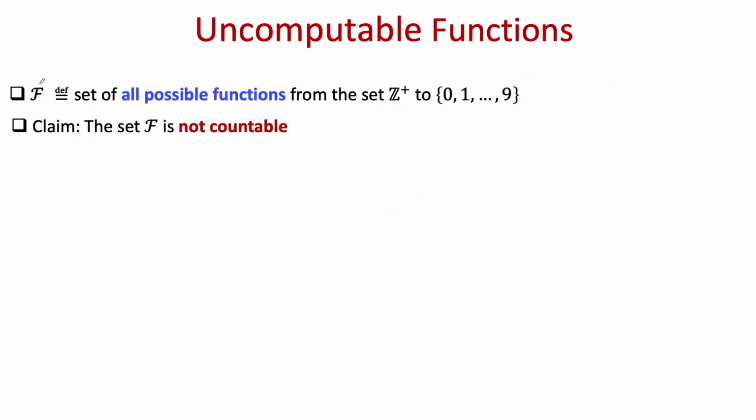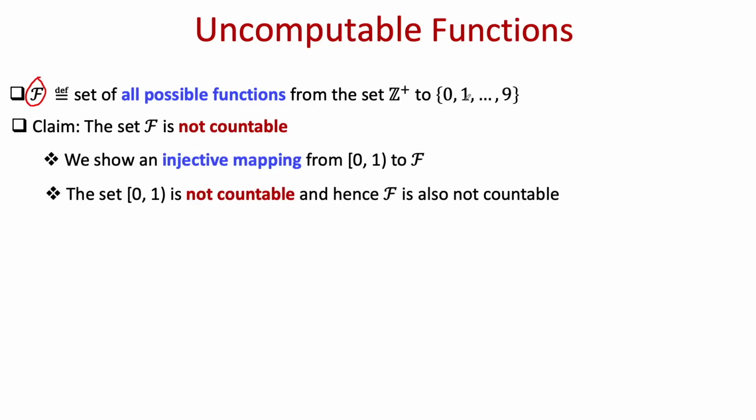The set calligraphic F denotes, as I said, the set of all possible functions from the set of positive integers to the set 0 to 9. And my claim is that this set is not countable. That means its cardinality is not Aleph null. Or in other words, you cannot enumerate, list down, all the functions in this collection.